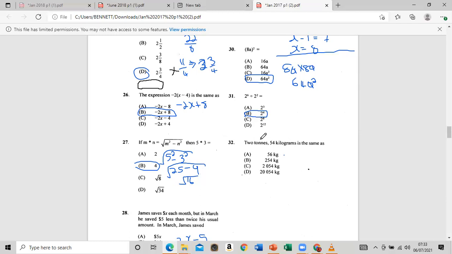How many kilograms in a ton? I think that's 1,000. Okay, so it's 1,000. So that means 2 tons is 2,000 kilograms, plus the 54. So clearly we see that it is C.